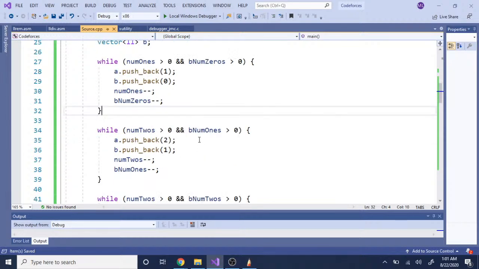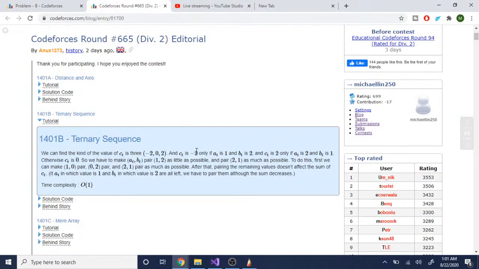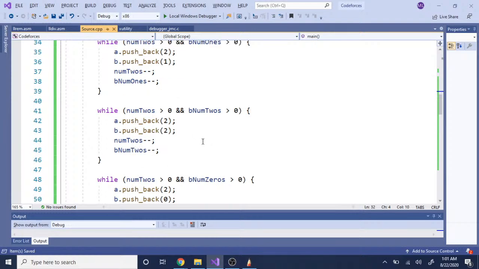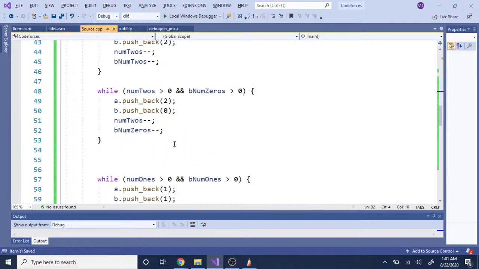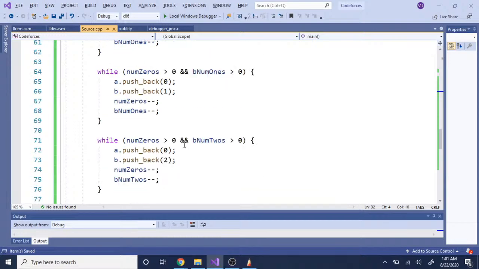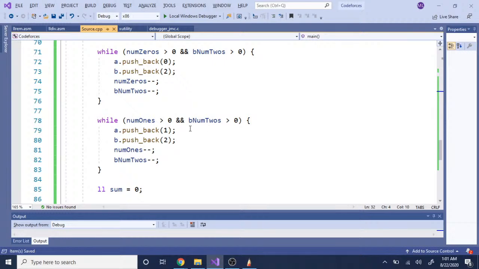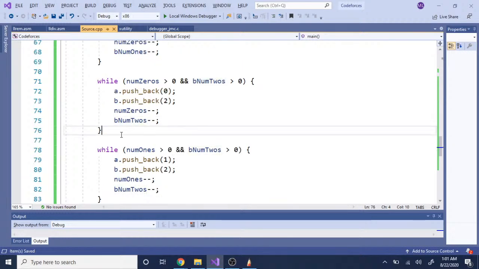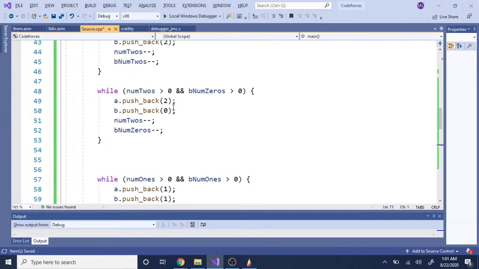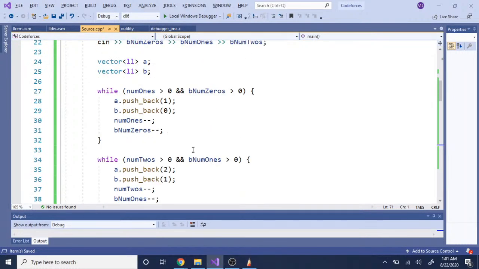1 0 first, and then 0 2. I don't even think I paired a 0 with a 2. Oh, no, I did. 0 2. Then the rest don't do anything.